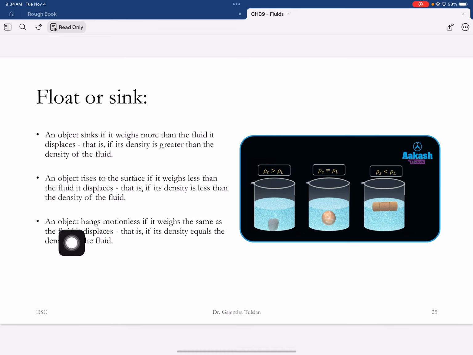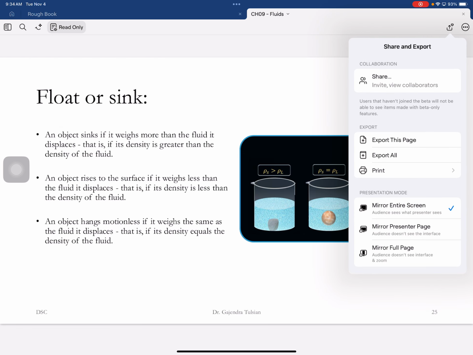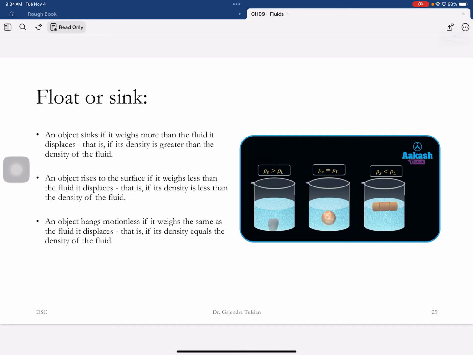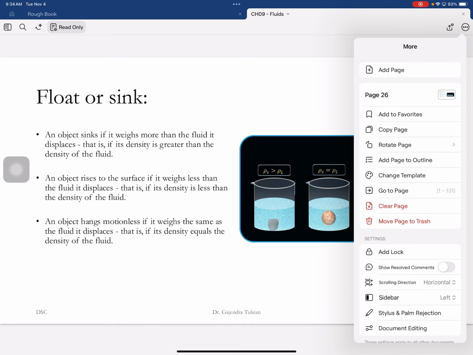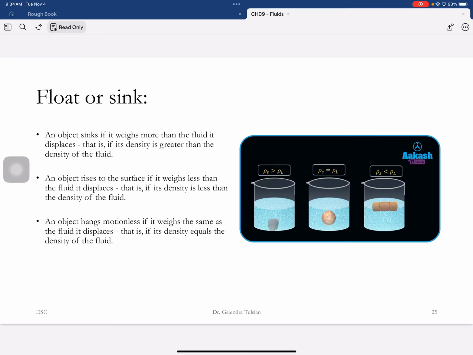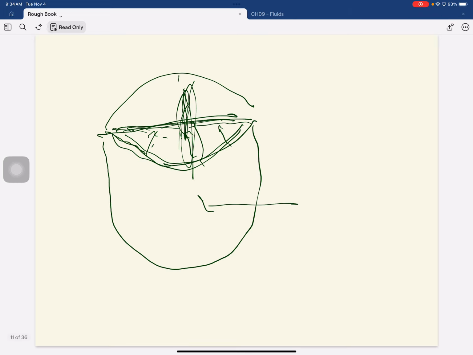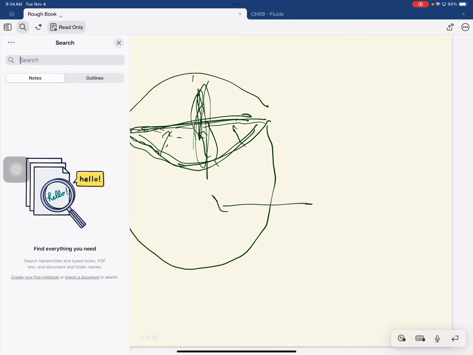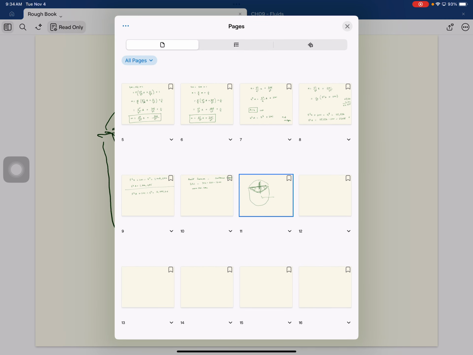So what we saw was, where do I find my tools? Shoot.